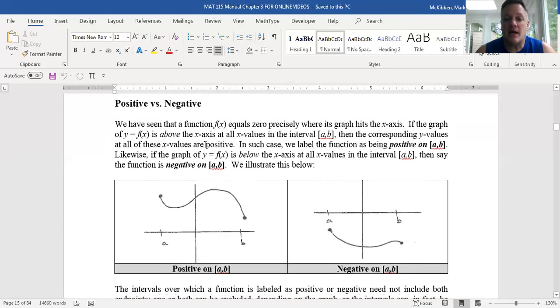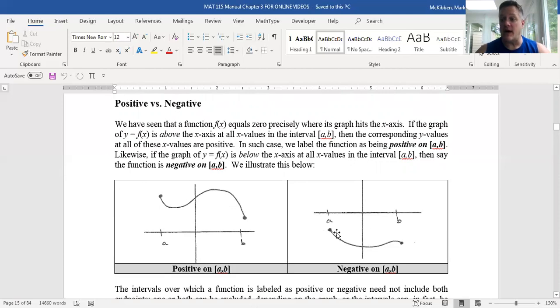All right, positive versus negative, right? So if I'm talking about a graph, the graph will be positive when its y values are positive, right? So pictorially, the graph lies above the x-axis if the function's positive there, and we'll call it negative on an interval if the graph of the function's below the x-axis, right? So here's 2 examples of that.